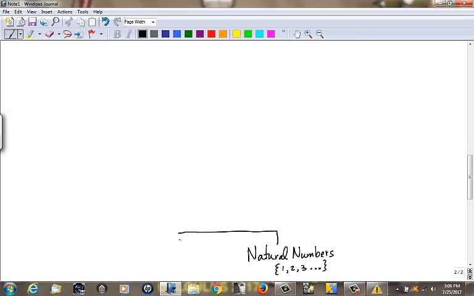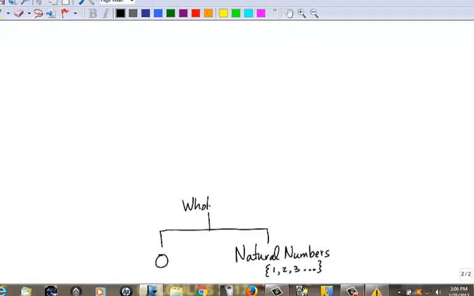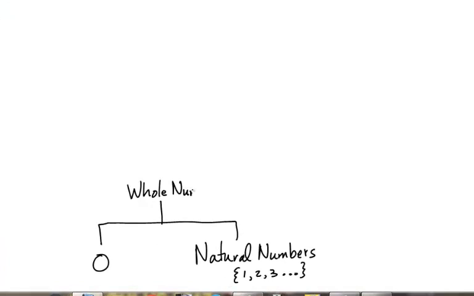Okay, and then if we put 0 in there, then that ends up making up the whole numbers. 0 is a whole number. It is not a natural number.